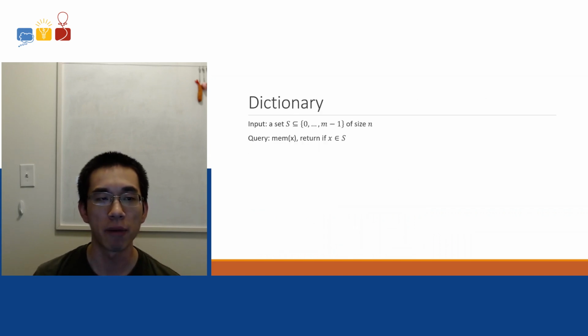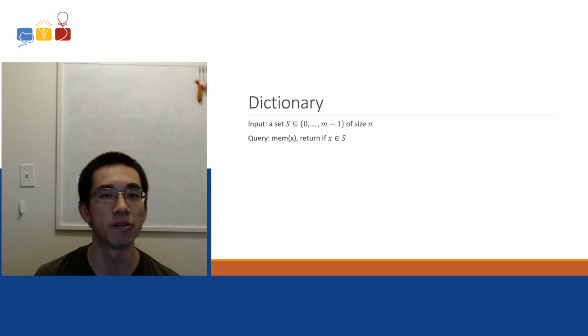So let me conclude my talk by introducing to you my favorite open question in this subfield. It's called the dictionary problem. This is a very similar problem to the last problem we saw on the previous slide. In the input, we get a set of size n over a universe of size m, every element is between 0 and m minus 1, and the query would just like to know if some element x belongs to this set.